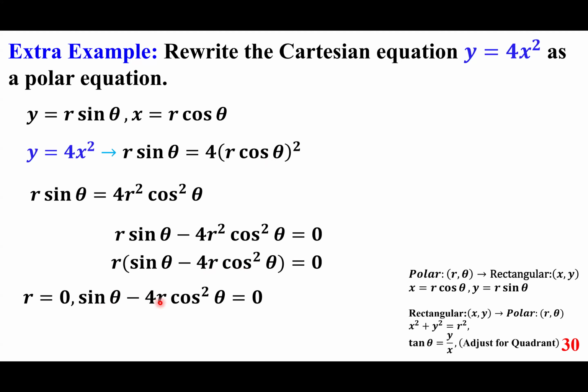So if you solve for r, you take sine theta to the other side, minus sine theta, divide by negative 4 cosine squared. You get r equals 0, r equals sine theta over 4 cosine squared theta. Very straightforward, everybody.